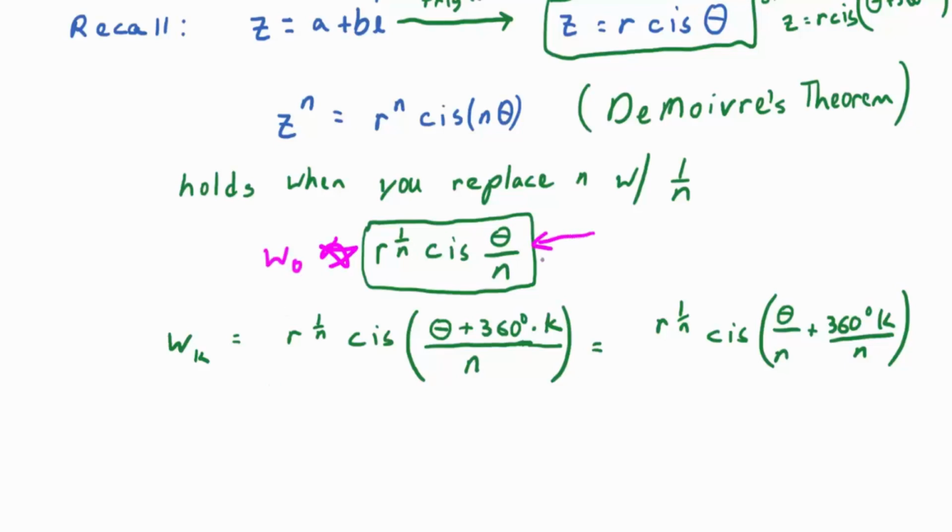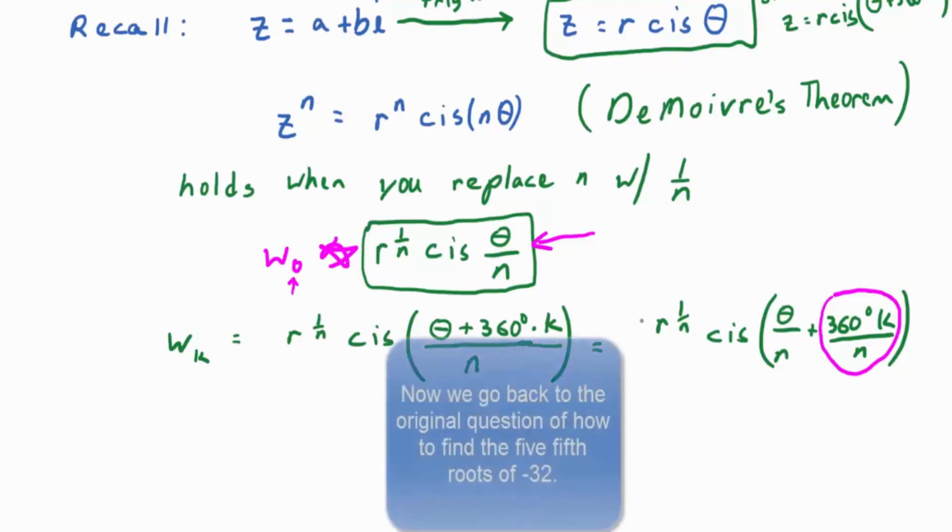If you use this formula to find what I would call the first root, even though we mark it with a subscript of 0, then all you have to do to find the subsequent ones is add in multiples of 360 over n. And that will help you find all of them. So I know right now it's all a blur what I'm talking about because you need to see an example to make it make sense.